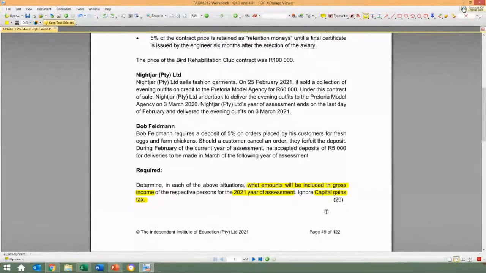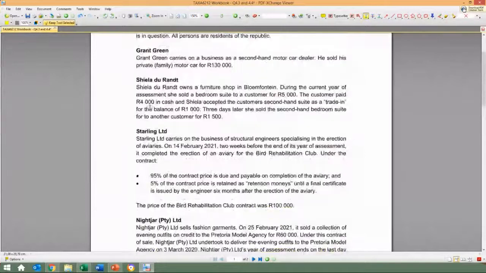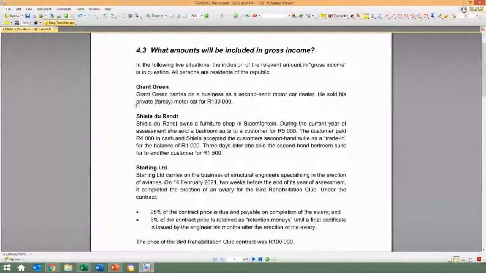Okay, so the total amount was 20 marks, and we had 5 subcategories. Now, depending on the amount of information, you would look at about 3 to 4 marks per item. Generally, if it's a small item, it would be more like 3 marks, and if it has more information, you would look at 6 or 7 marks.